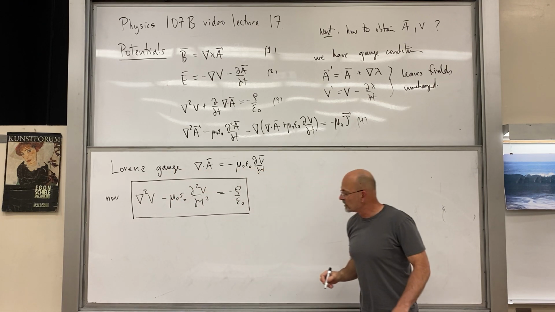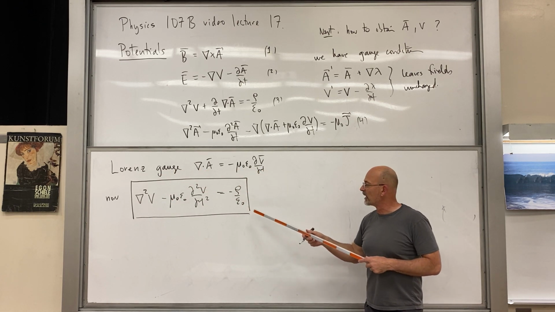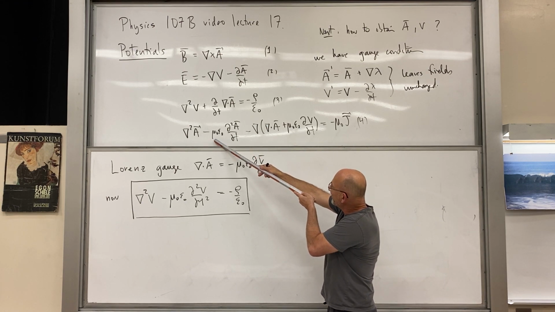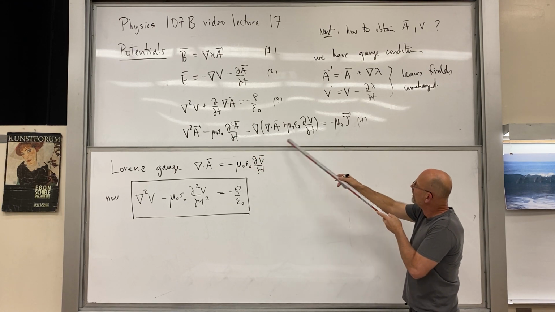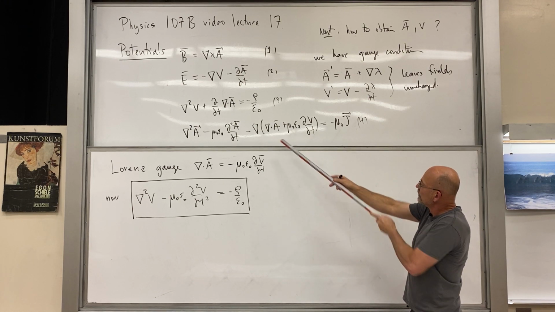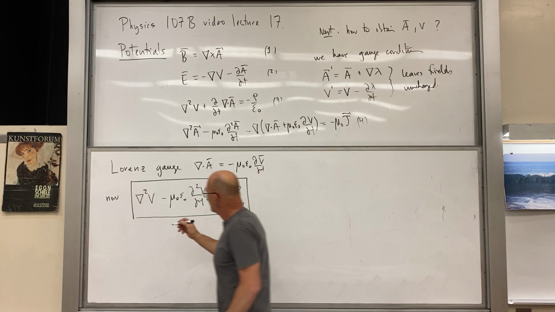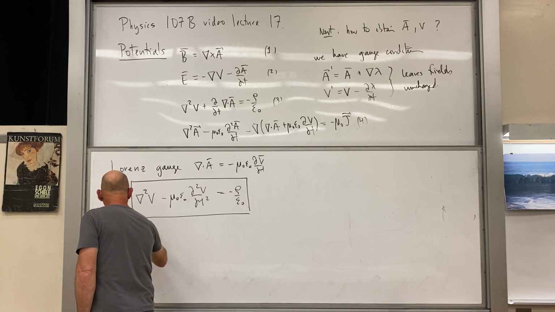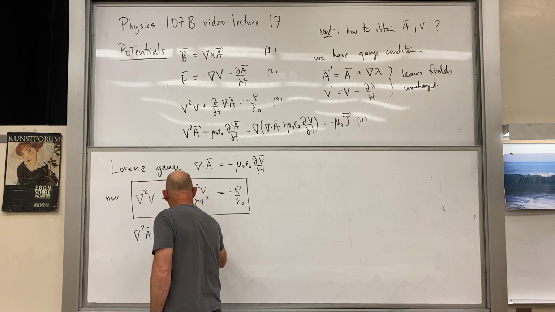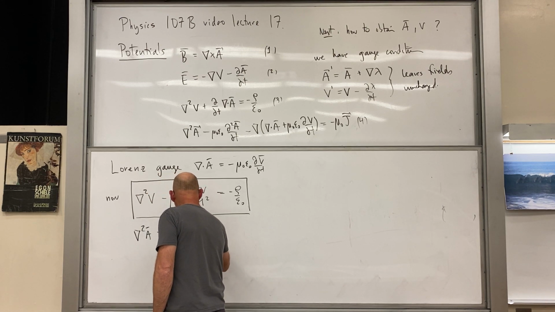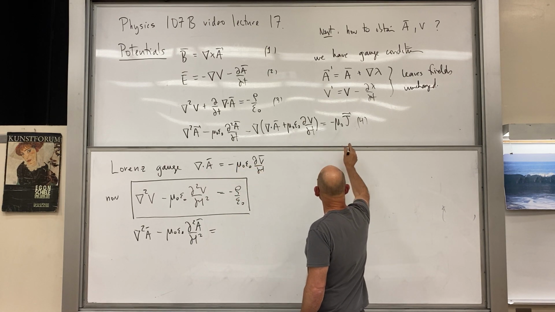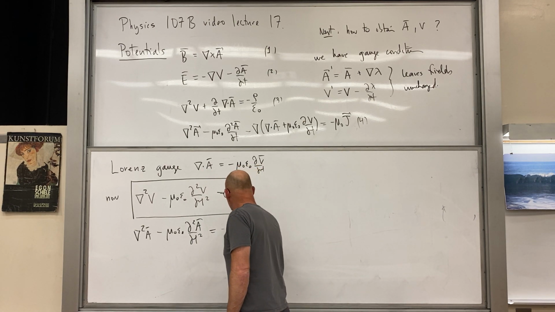So there we're looking at an inhomogeneous wave equation. And we see that we get the same thing in vector form for equation 4 here. This is going to vanish. We'll have del squared A minus mu naught epsilon naught second time derivative is going to be equal to minus mu naught J.